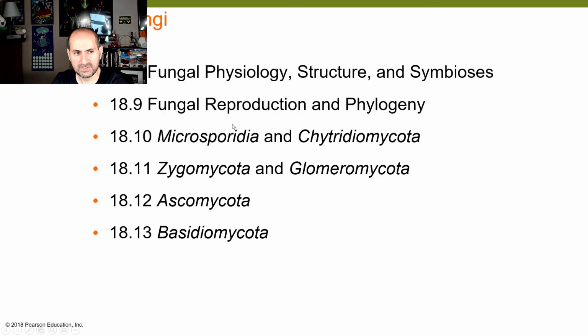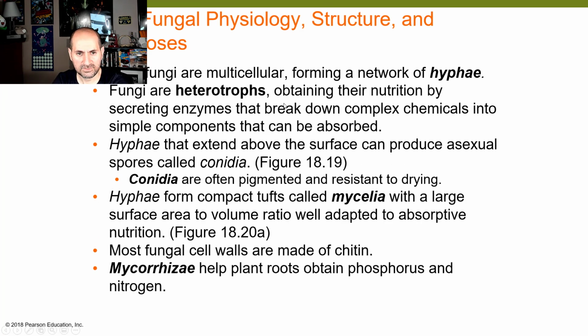All right, lastly, we talked about fungi. So let's go through fungi. Fungi grow by hyphal arrangement. Their cells are hyphal, so filamentous. They're heterotrophs. In fact, they are saprophytes, which means they break down dead organic matter. They have conidia, which are those spore-forming structures, the asexual spore or conidia.